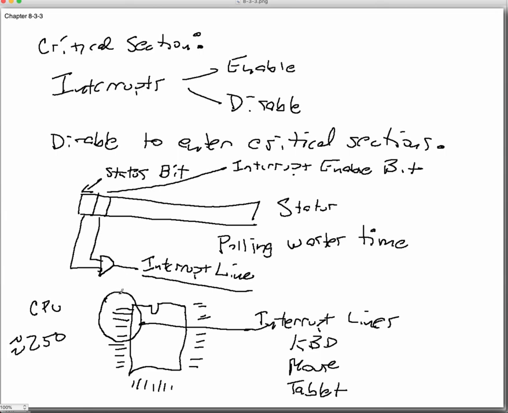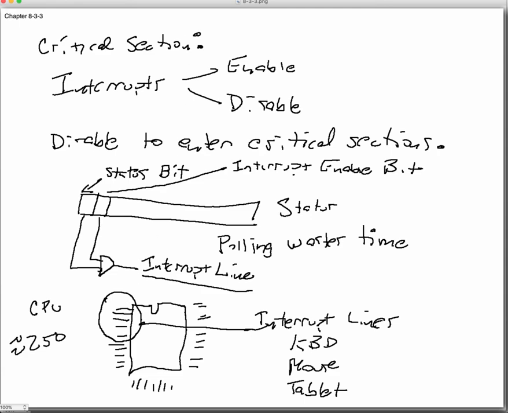Now I want you to notice the way that I checked these. I checked this line first, this line second, this line third. Now suppose both of these lines interrupted here. If you take a look at the way that we drew the flowchart, if both of these interrupted, I'm checking this one before I'm checking this one, which means that I would handle this interrupt before I would handle that one.